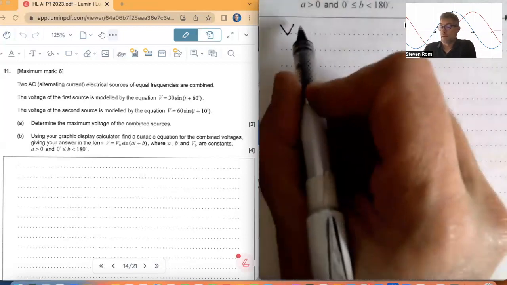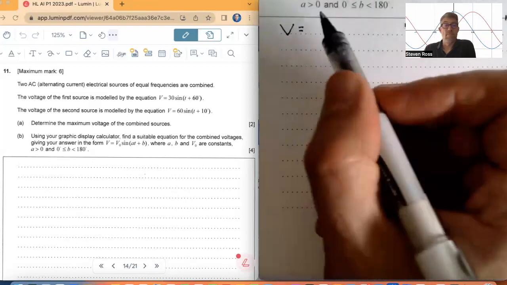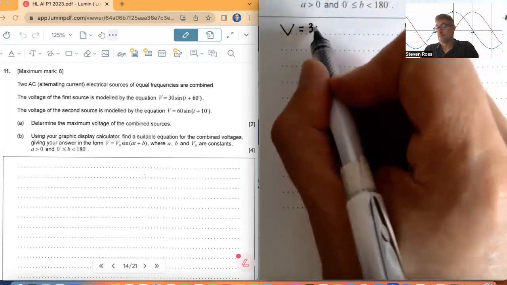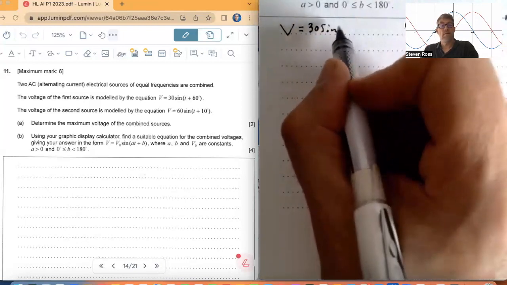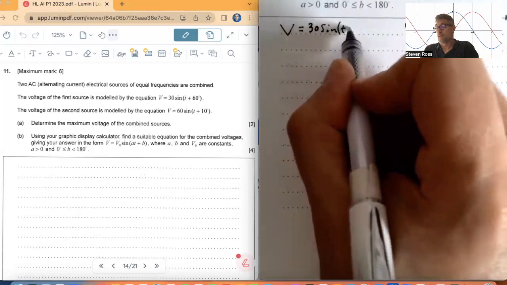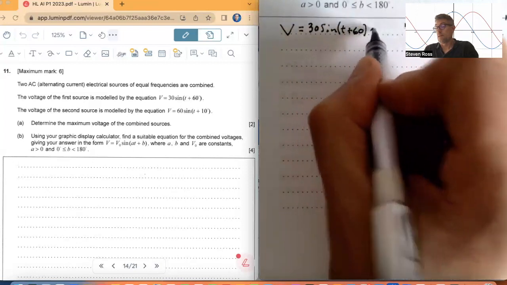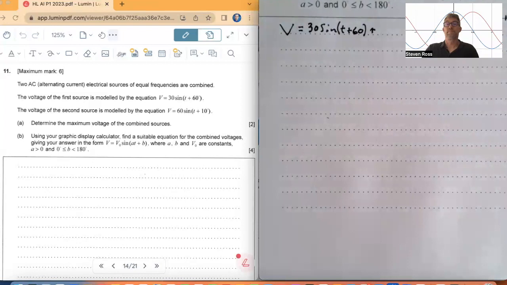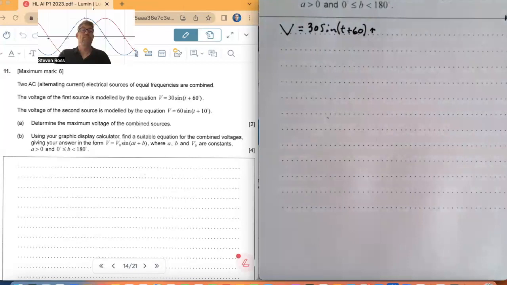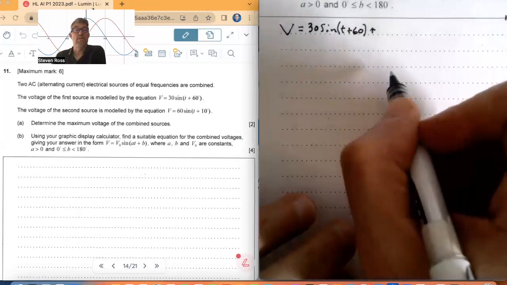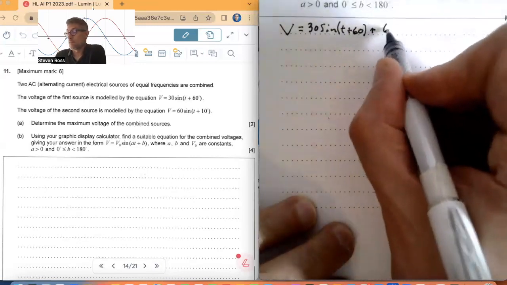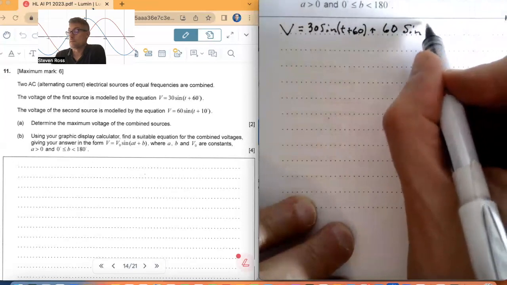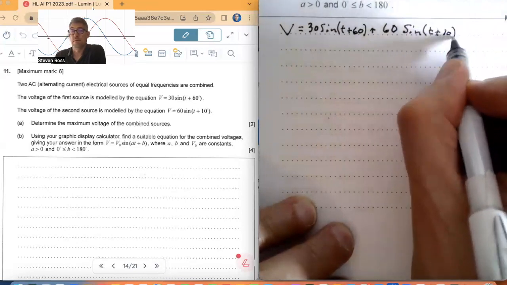So V is equal to 30 sine of t plus 60, and then the combination is going to be a plus, plus 60 sine of t plus 10. Okay.